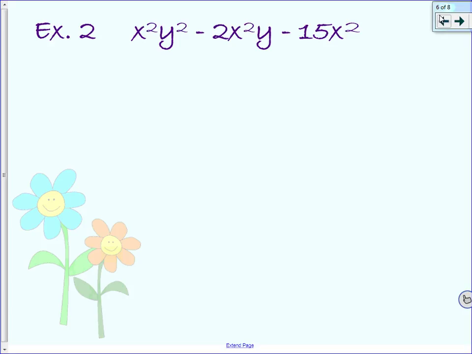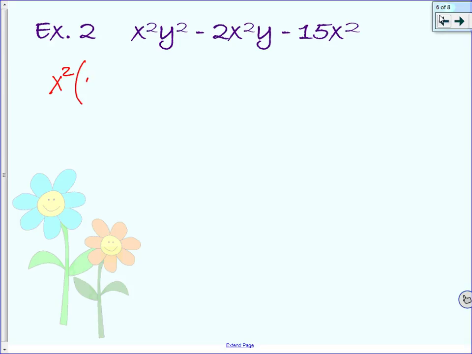Denise, what's the GCF that I can take out? One. Let me give you a hint. It's a variable. Oh, x squared. X squared. So if I take out x squared, can you tell me, Navneet, what polynomial would be left if I take an x squared out of each term?